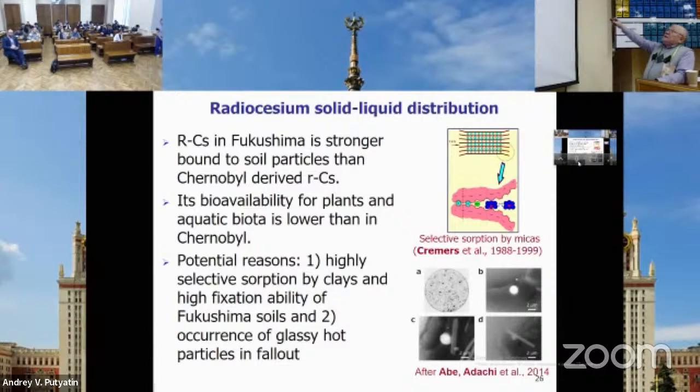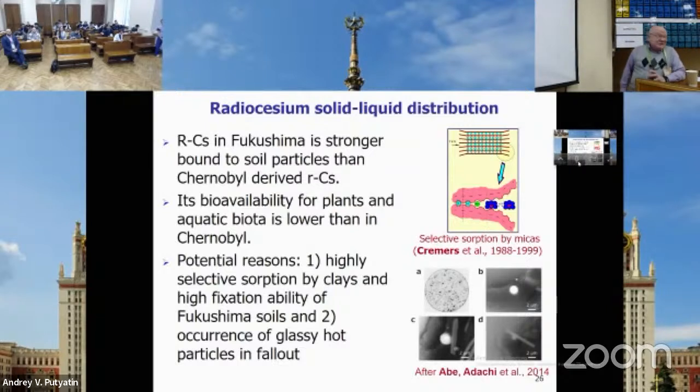Here you can see other cations which have water molecules around; these are hydrated cations.